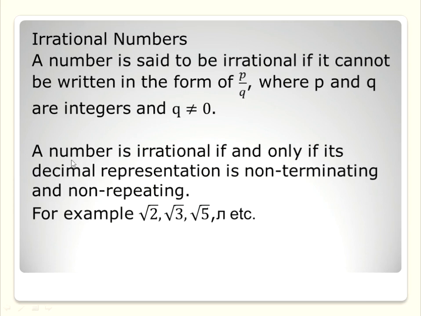Now, a number is irrational if and only if its decimal representation is non-terminating and non-repeating. For example, square root of 2, square root of 3, square root of 5, pi, etc. These are irrational numbers because their decimal representation is non-terminating and non-repeating.